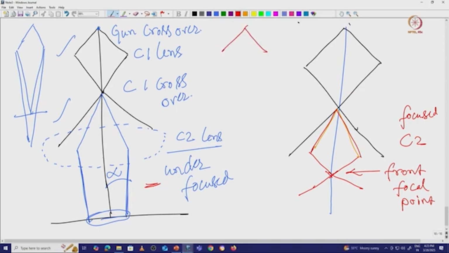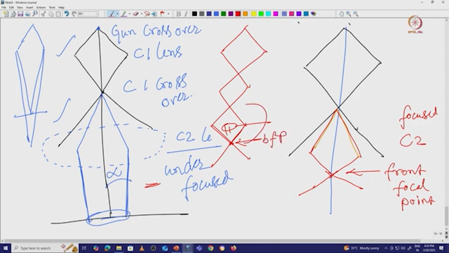What is that? The C1 lens, C2 lens, then my sample, it is somewhere here. From the sample, electron beams are coming and converge at one particular point, and that is where we are recording the diffraction pattern, right? When we are recording the diffraction pattern at this particular point, we are calling it the back focal plane.